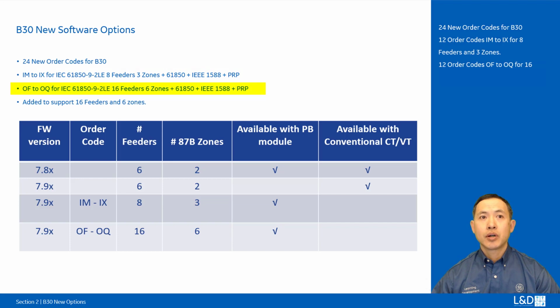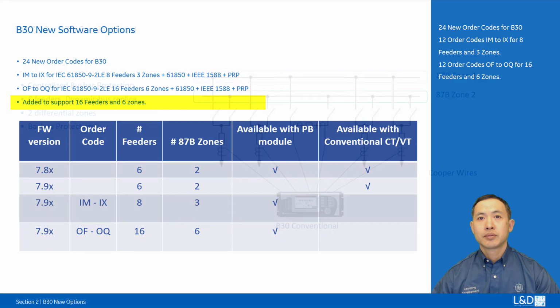For the order codes OF to OQ for IEC 61850 9-2LE, 16 feeders and 6 zones plus 61850 plus IEEE 1588 plus PRP. And the B30 can support totally 16 feeders and 6 zones with the maximized order code.